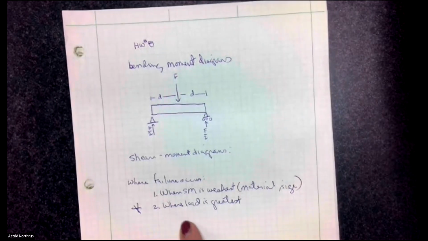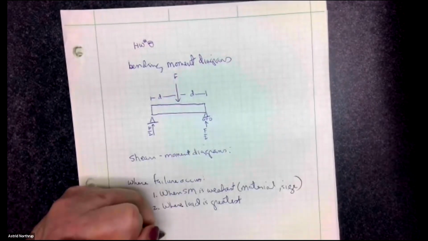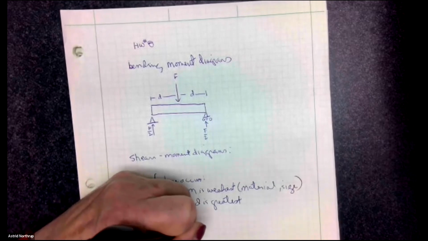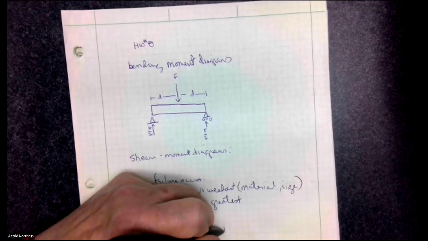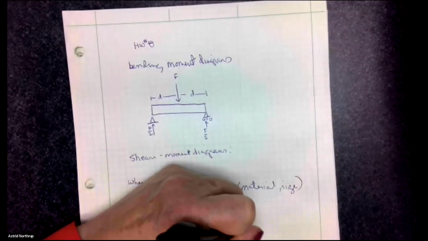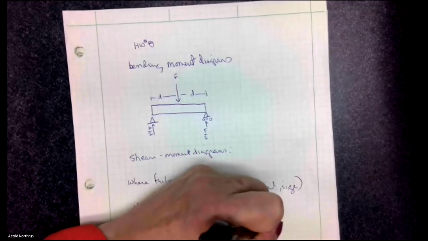Now, the other thing about it is that shear tends to concentrate, and specifically, it often concentrates on fasteners.